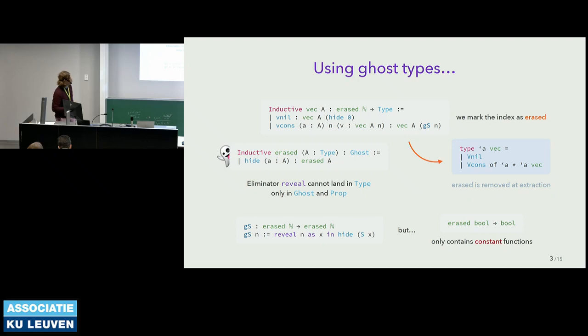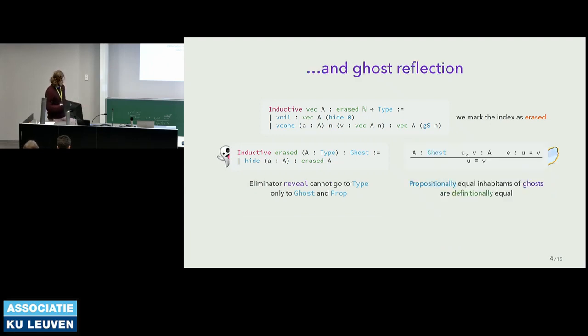On the other hand, if I wanted to write a function from erased bool to bool, then it would have to be the constant function. I can't open a box and see what boolean I've hidden to produce an actual boolean.